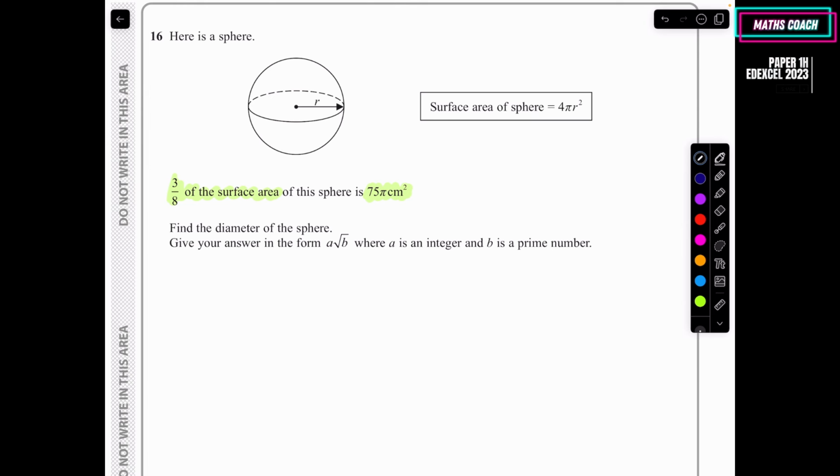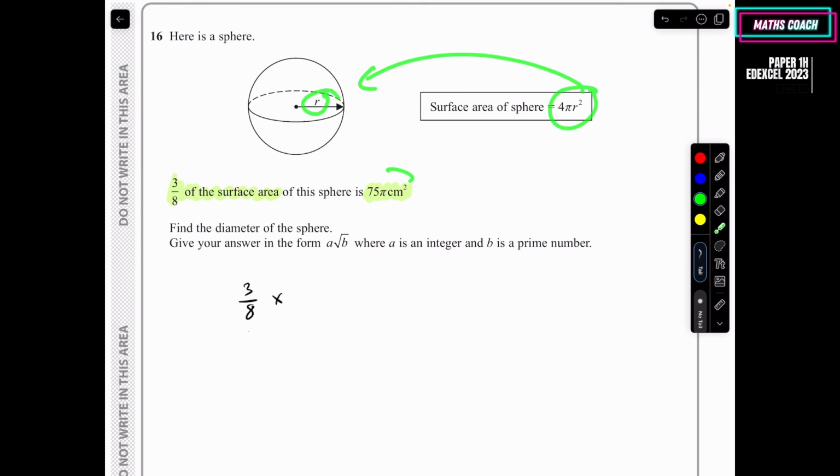Well, let's look at that statement right there and see if we can use that somehow to link them. So if we are told that 3/8 of the surface area is 75 pi centimeters squared, what we can write is 3/8 times, remember, it's the 3/8 of the surface area of this sphere.